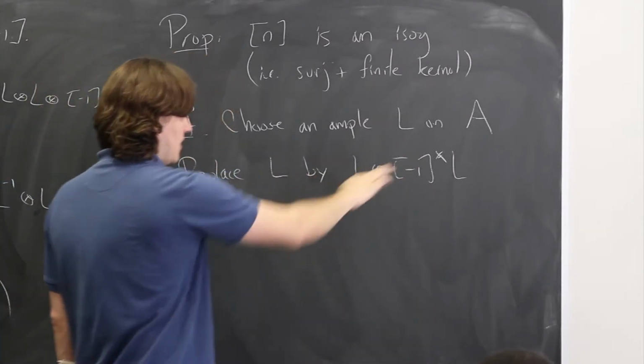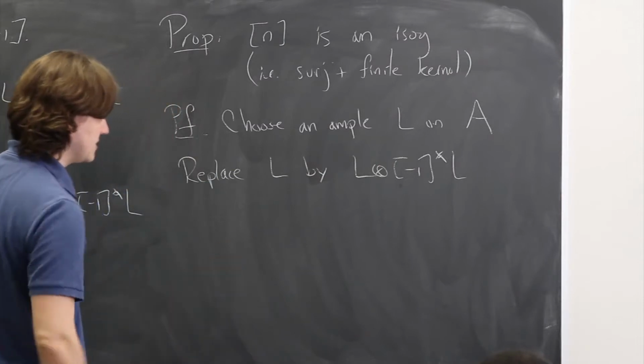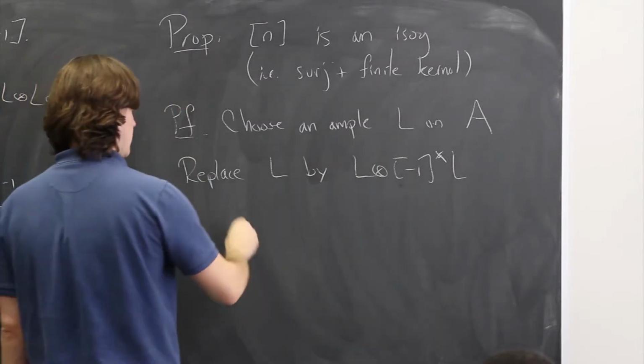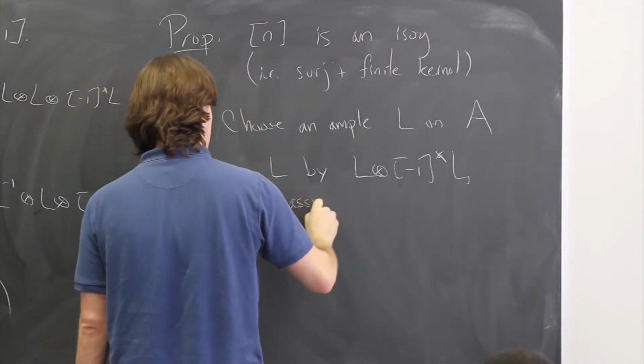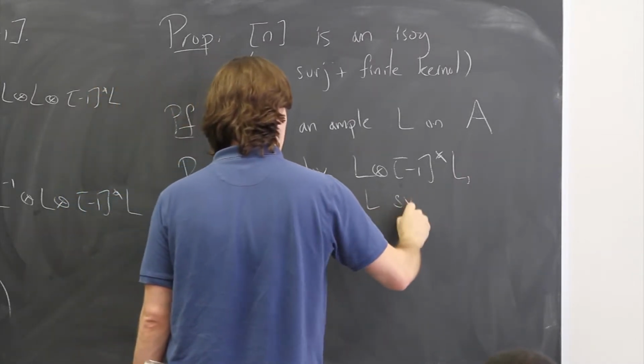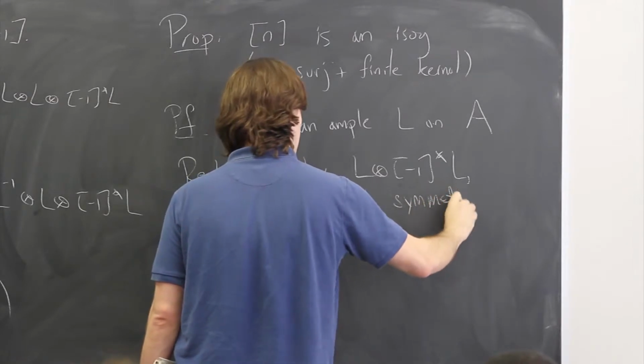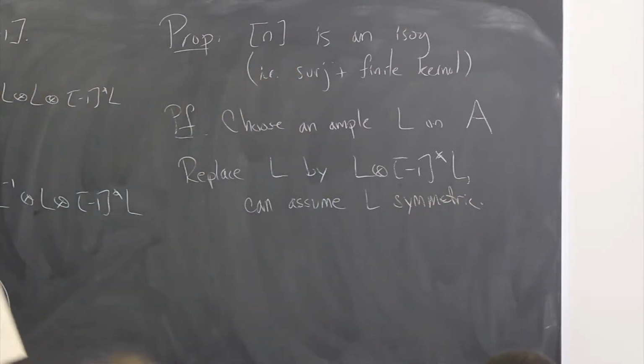So if we replace L by this bundle, we can assume that it's still ample and that it's symmetric. And so now we can apply this. If you have a symmetric guy, then when you pull back by n, you just get L to the n squared.